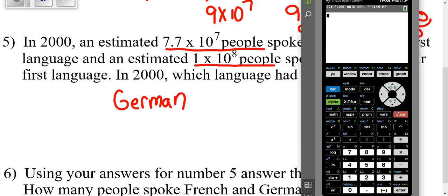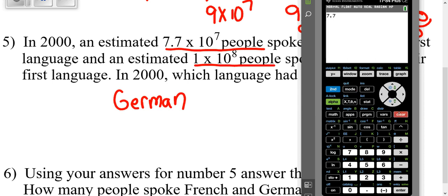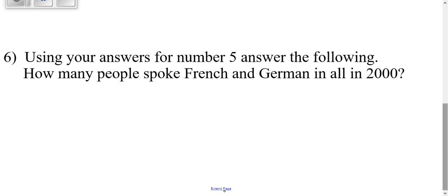You have 7.7 times 10 to the 7th power in normal mode, and you would get that. And then you do 1 times 10 to the 8th power, and you would get that. Which one's greater? Yes, German is. But you should have seen that right off the bat.